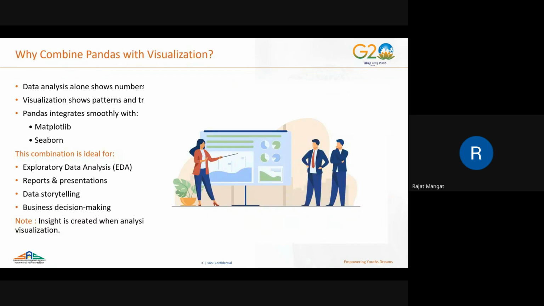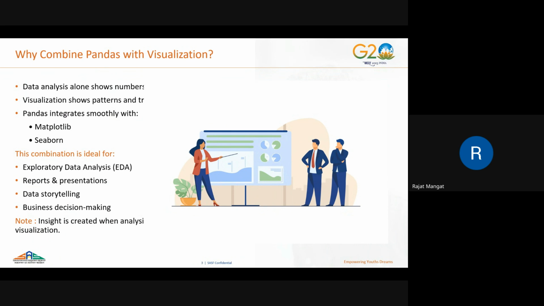So why combine pandas with visualization? This is the first question that should come to your mind, and I have already addressed it a little bit earlier: data analysis alone shows numbers. Visualization shows patterns and trends. The trend part gets hidden under the numbers. So what we will do today is that pandas integrates smoothly with Matplotlib and Seaborn.